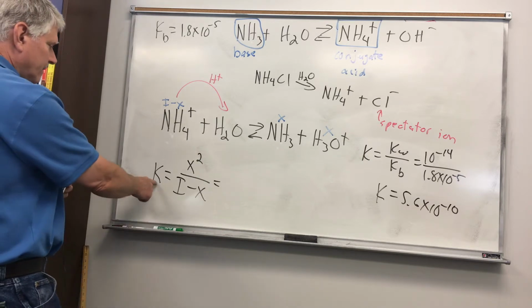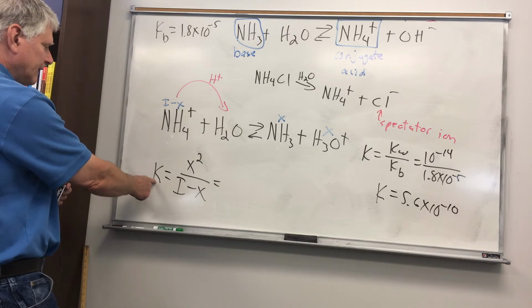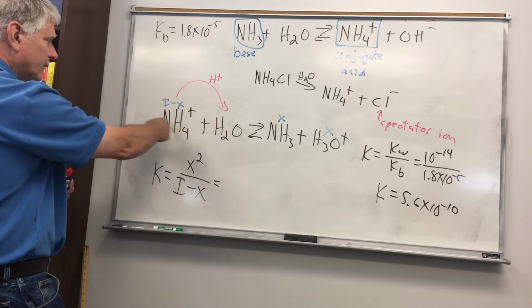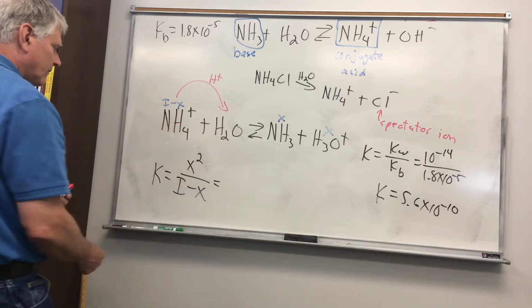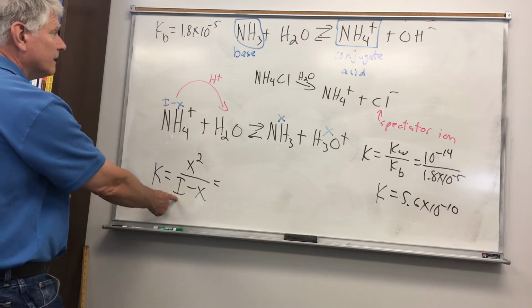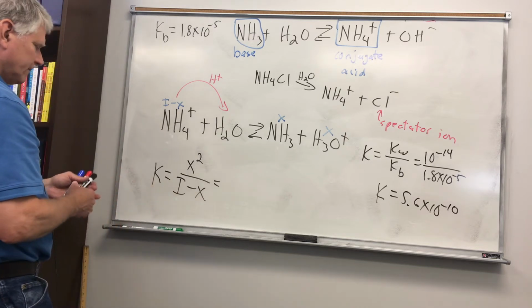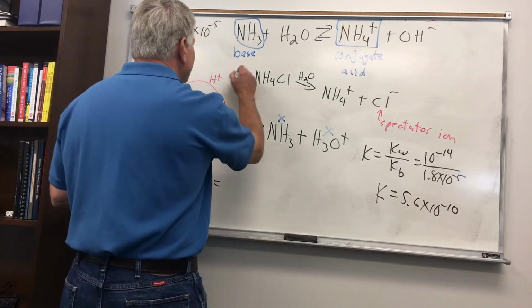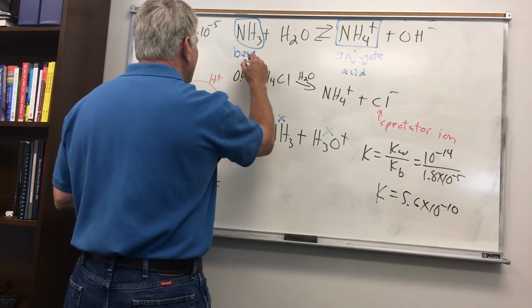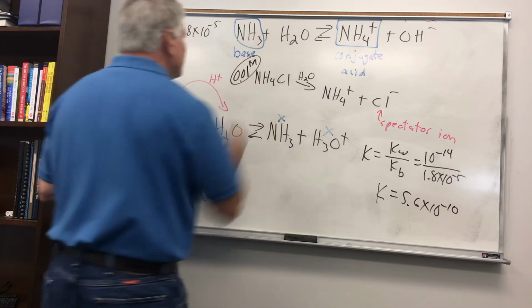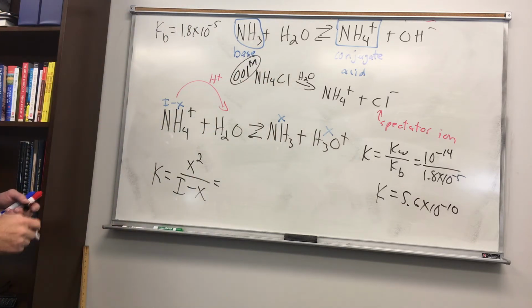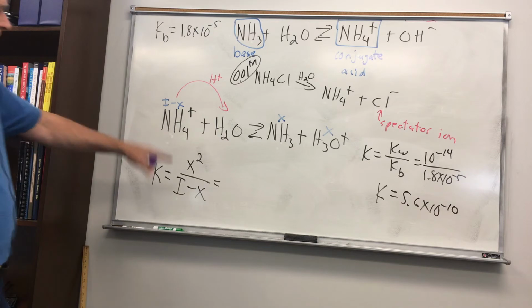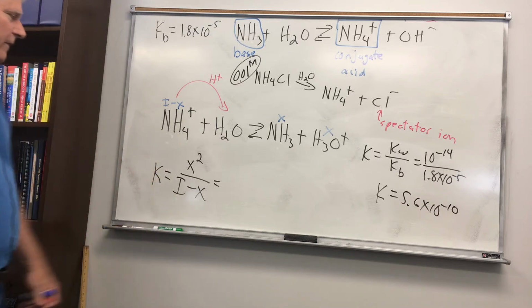So I'm going to put 5.6 times 10 to the minus 10th in for the equilibrium constant for this reaction and solve for X. The initial amount is not specified. So let's specify one. Say we have 0.01 molar ammonium chloride solution.